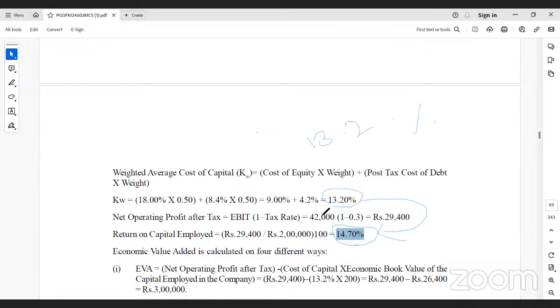13.2% is the cost of capital, but ROE is higher than this, 14.7%.